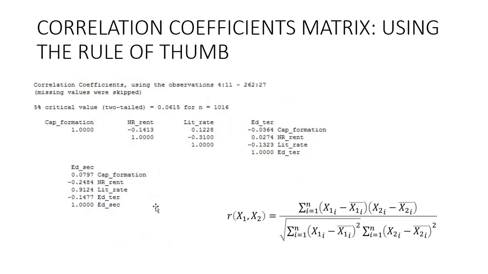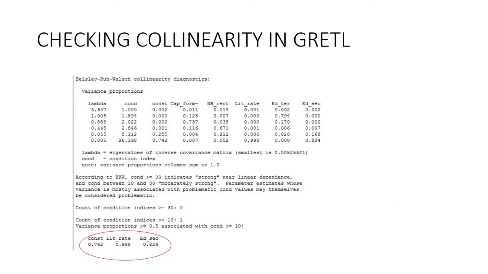So I mentioned this before, it's visible even here because there is extremely strong correlation between secondary education rate and literacy rate. And in fact, formal analysis, formal tests reinforce this point. So in practice, it means that you have to omit one of these variables in your regression model.